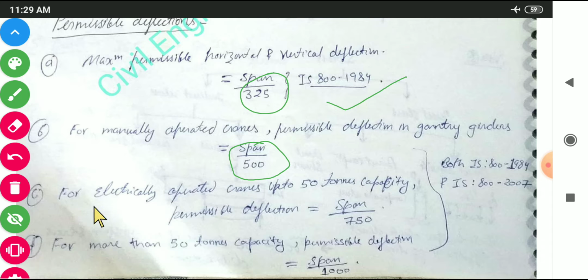In the same way, for electrically operated cranes up to 50 tons capacity, the permissible deflection is span upon 750. And if the capacity is more than 50 tons, then the permissible deflection is span upon 1000. So you can see as the capacity increases, the permissible deflections decrease, and you can find these in IS 800 1984 and IS 800 2007 as well.